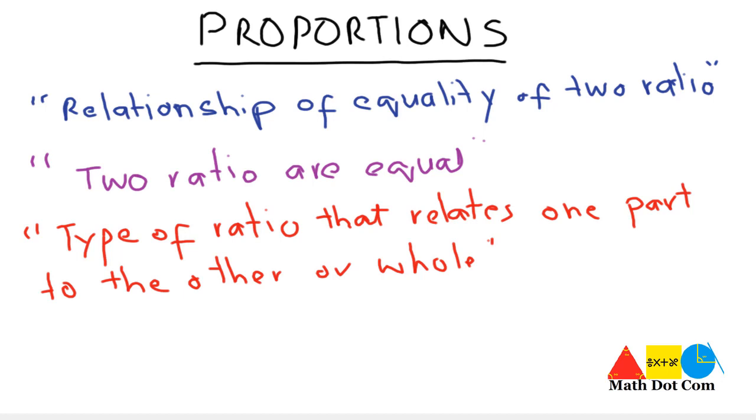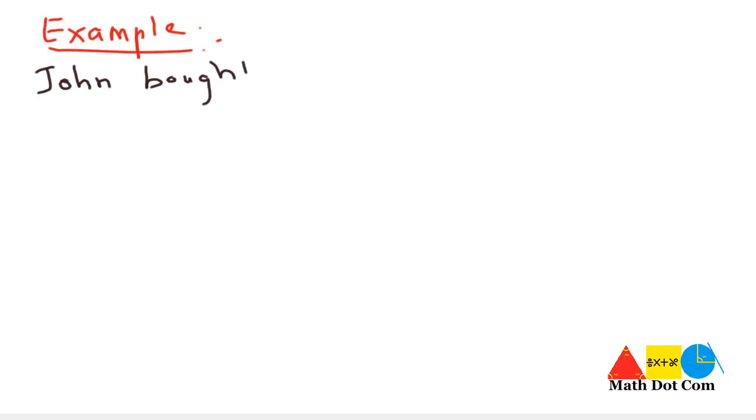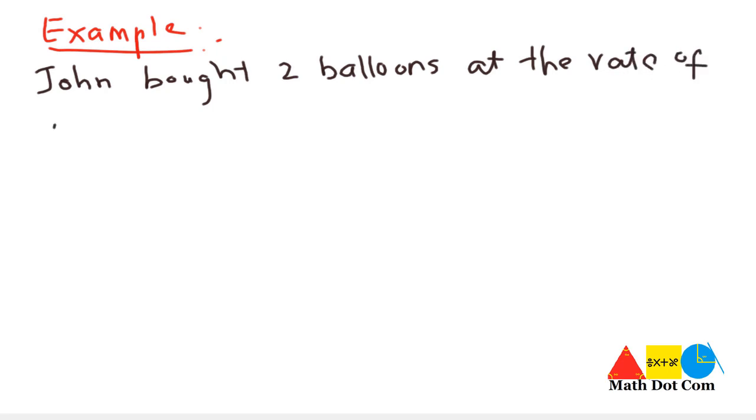Let's take an example to clarify the concept properly. John bought two balloons at the rate of $3 per balloon.